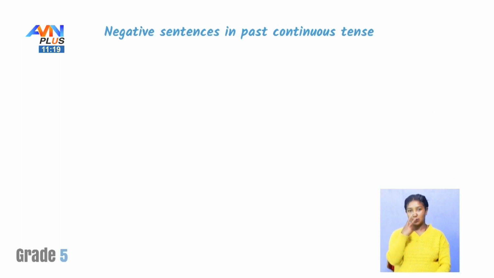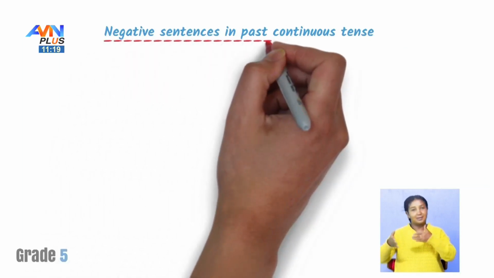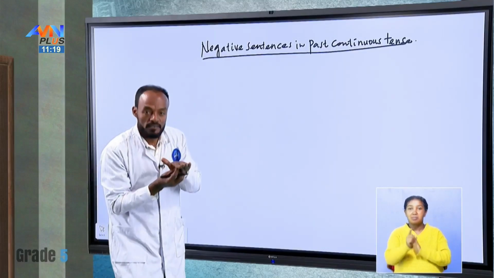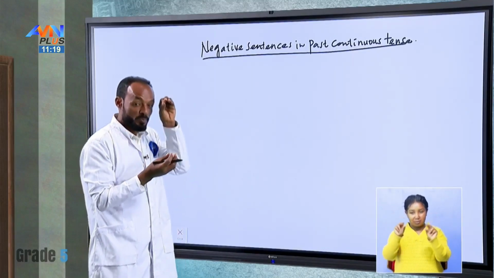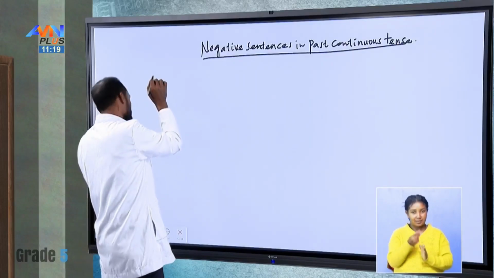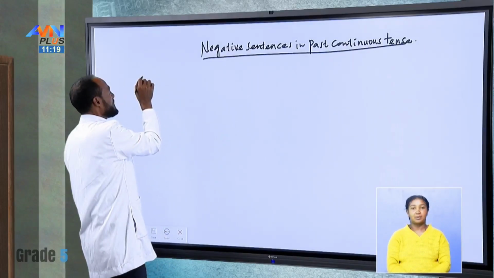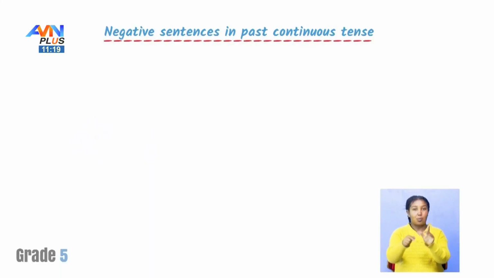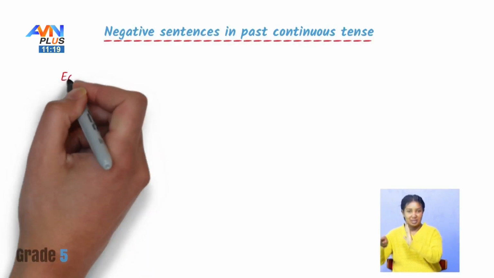Look, this one is very simple. Because when we say negative, we mean not. Okay? We have to put the word not in the sentence. For example, to make it clear, let me give you an example which shows positive. Then we can change it into negative, okay?